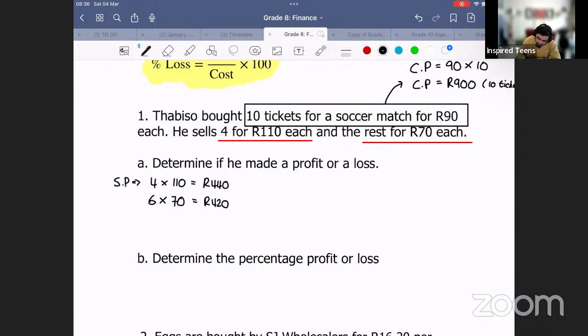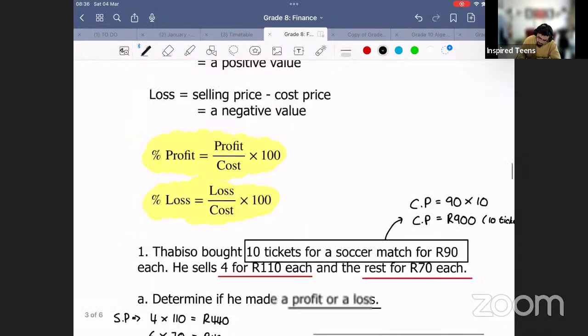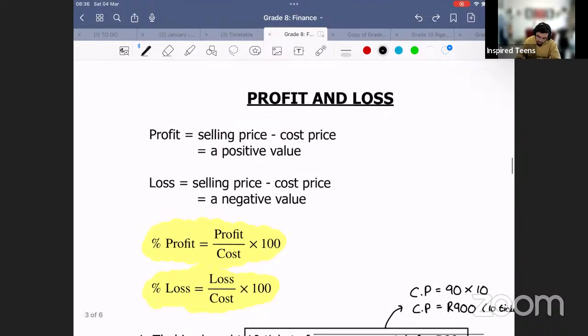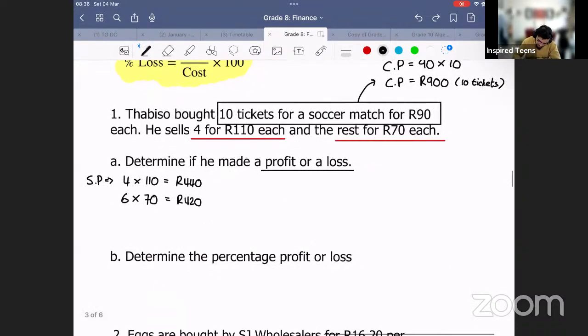So determine if you made a profit or a loss. So remember, profit and loss, we utilize the same formula to calculate them. It's selling price minus cost price. And whether we get a positive or negative value, that indicates to us whether we get a profit or a loss. So I know that my total selling price, because he sold 4 for 110, he made 440 rand there. Then he sold 6 of them for 70, he made 420 rand there. So the total selling price is actually 860 rand when you add those two together, right?